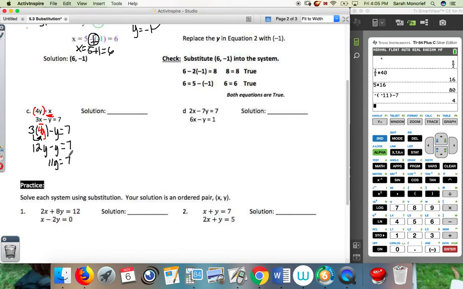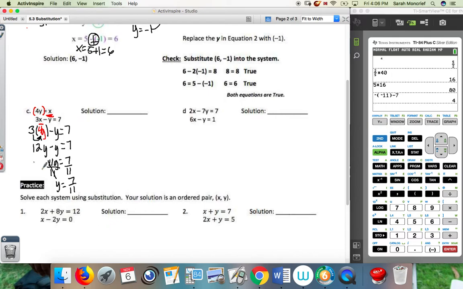And now we got to solve for y. 11 and y are multiplying by one another, so that means we need to divide by 11 in order to get y by itself. So we have y is equal to 7 over 11. That fraction doesn't simplify, so we don't have to change anything about it.